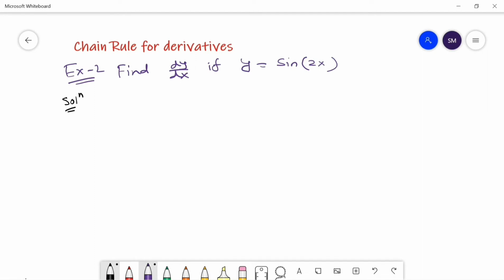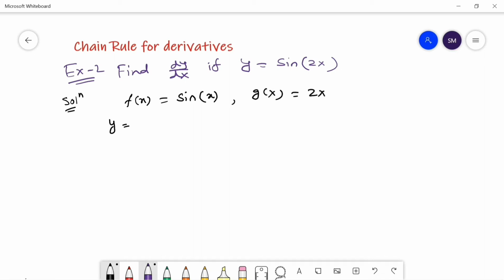So y can be thought of as a composition of two functions. Let f(x) be equal to sin x and g(x) equal to 2x.